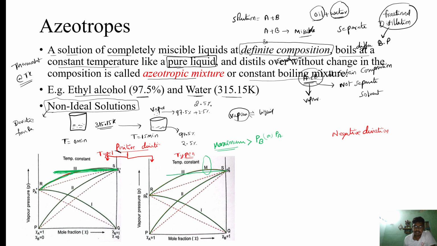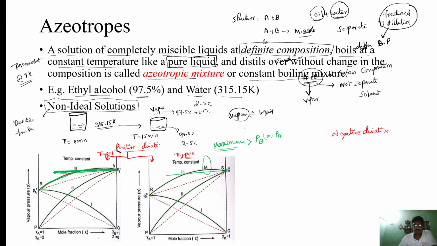You can see the curve has clearly crossed this range and achieved a maximum here. This is type 2. In the positive deviation there are two types of mixtures, type 1 and type 2. In type 2, a maximum deviation is achieved, where the vapor pressure of that composition will be greater than that of component B or component A.